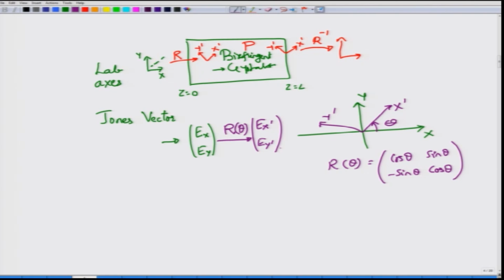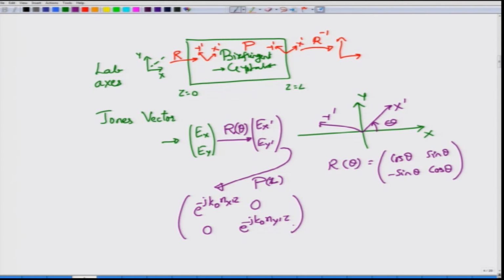Now, Ex prime Ey prime have to propagate through the crystal, which has a certain length, say L, or if you do not want it, you can just write it as z. This propagation matrix will be e power minus j k 0 nx prime z, and e power minus j k 0 ny prime z, where k 0 of course is the free space wave vector. So, this is the propagation matrix.